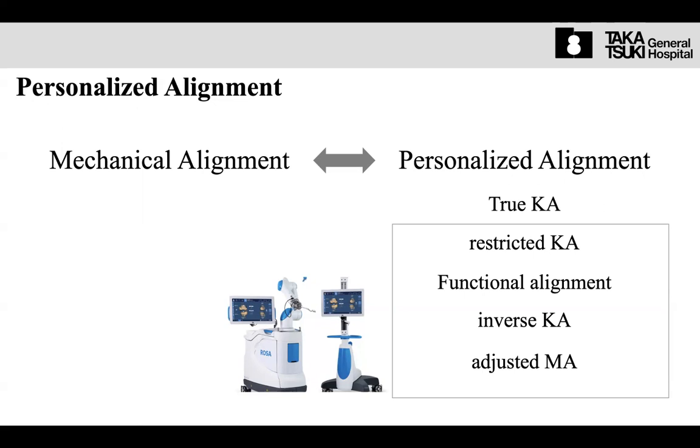Anyway, without such computer devices, we can do true kinematic and soft tissue respecting kinematic alignments. That is very popular in Japan. The cut is made parallel to the femur cutting line: cutting the distal femur, drawing a line parallel to the distal femur cutting line, and then deciding the tibial cutting level parallel to the drawn line.